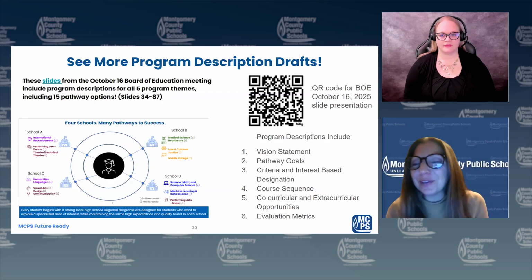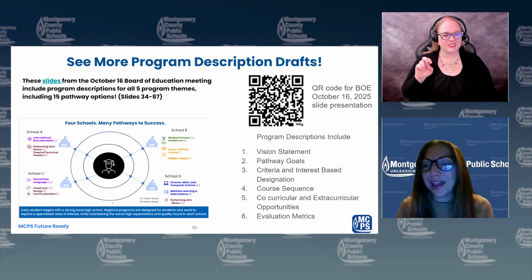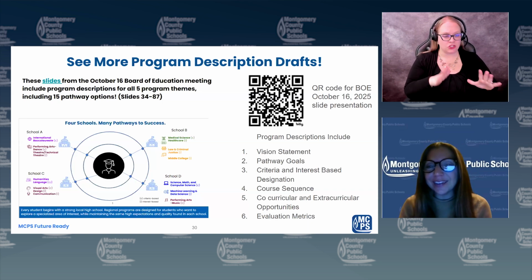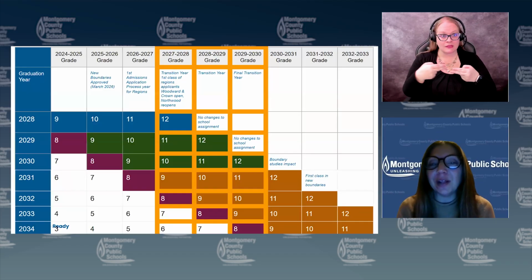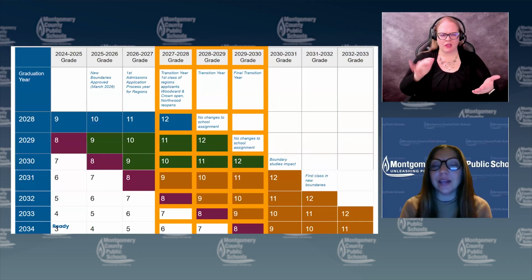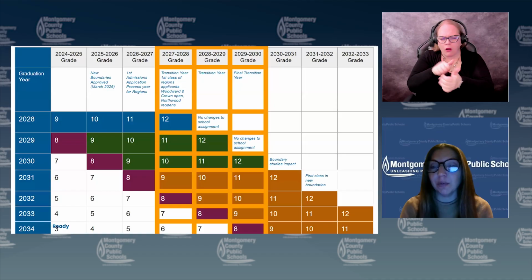Hi again. I will be going through the last few slides before we head into our Q&A at the end. So if we could go to the next slide, please. Okay, here is a visual to help you follow along with what will be happening as we implement the proposed regional model.